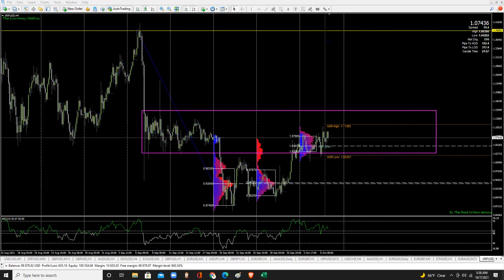With this area being here, look at that volume right there. See that volume here?